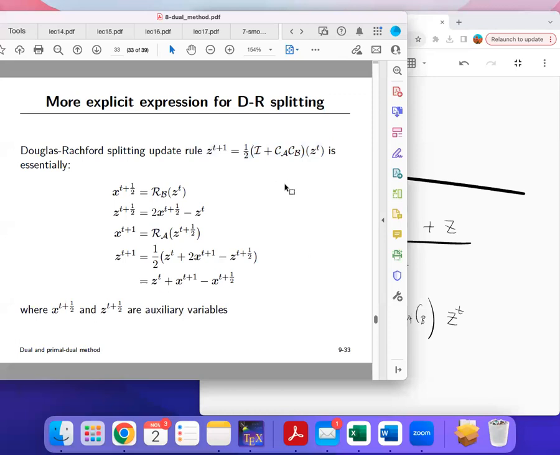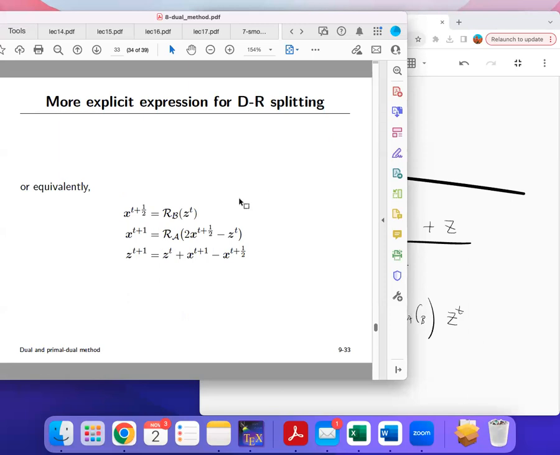So eventually, after some equivalent simplifications, there are 2 versions of this algorithm, but I think this one would look much easier. This is the algorithm. Start from ZT, do a proximal mapping of B, you get an intermediate result. And then you compute this variable: 2 times your intermediate result minus the ZT.